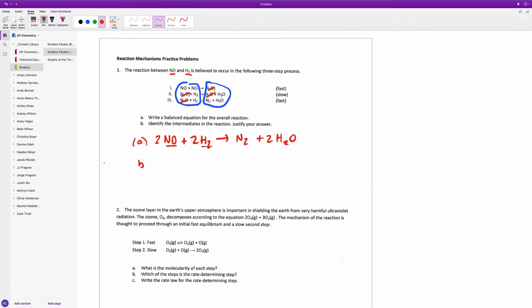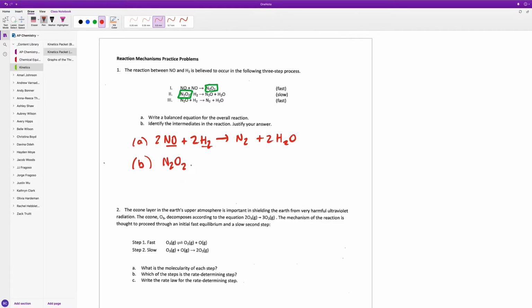Okay, B, identify the intermediates. Okay, so let's get rid of all this junk that I crossed out. Intermediates are things that are generated as products but then get consumed later on. So this dinitrogen dioxide gets generated here in the first step and then it reacts away in the second step. So that would be one of the intermediates for sure.